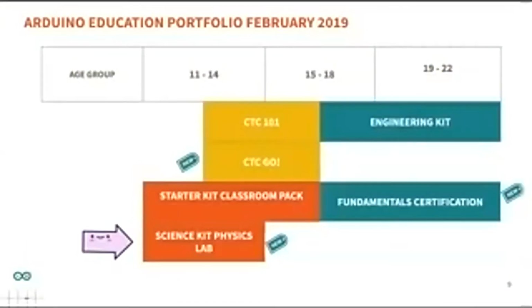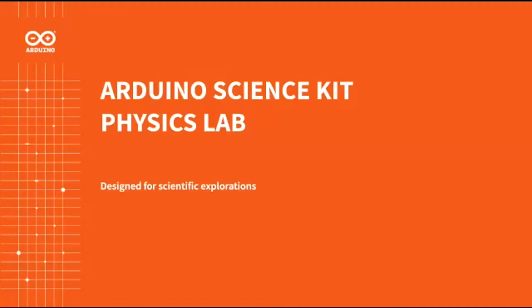And then today we're going to discuss the Science Kit Physics Lab, which is a brand new product that brings some news and opportunities to the classroom, especially for science teachers.